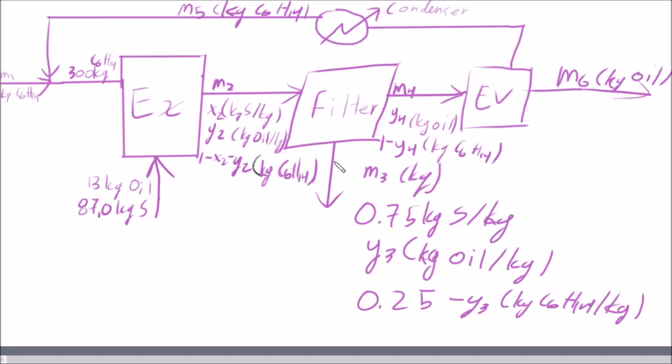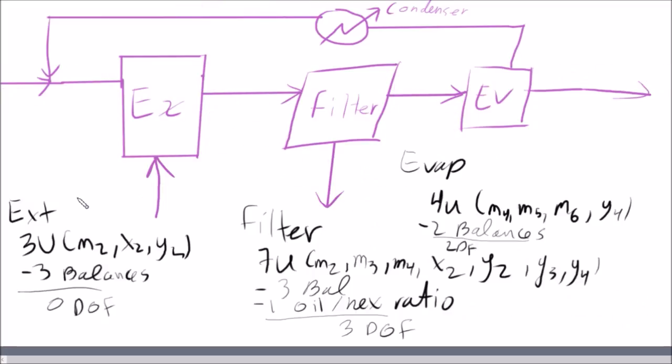Now, once this is all written down, you can either try the degrees of freedom yourself, or I am going to show it right here. Starting off with the extractor, you are going to have three unknowns. You're going to have M2, which on your properly labeled diagram should be here. From that, we have the fractions of M2.